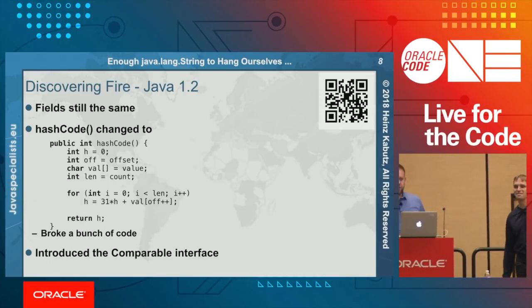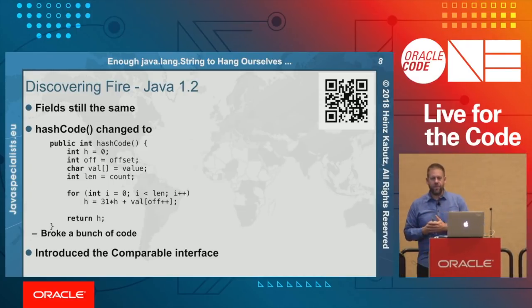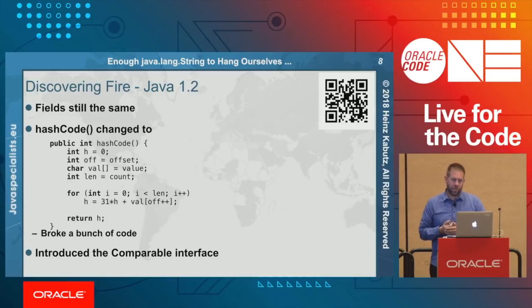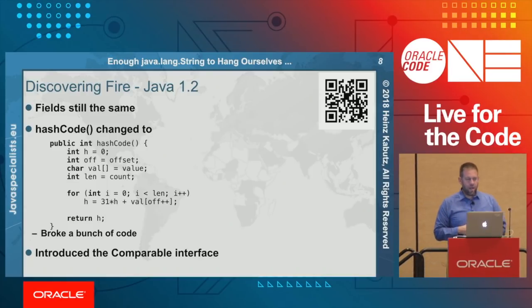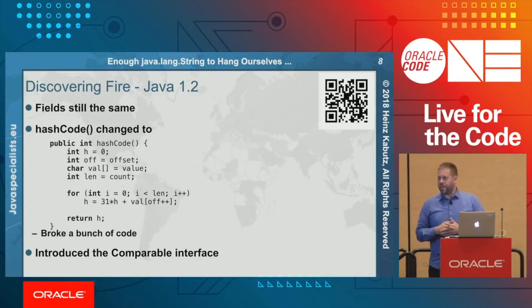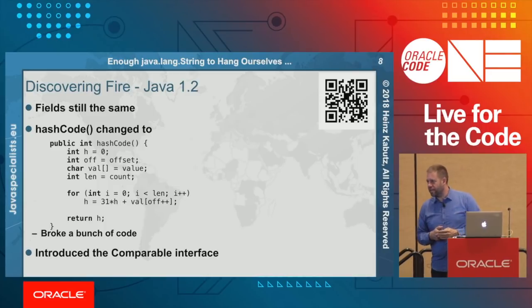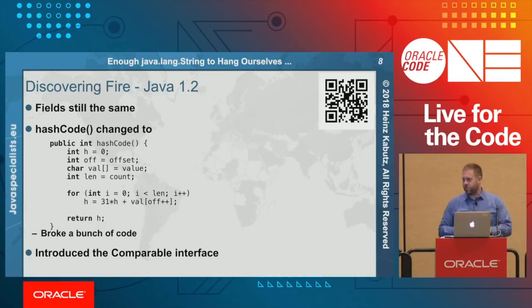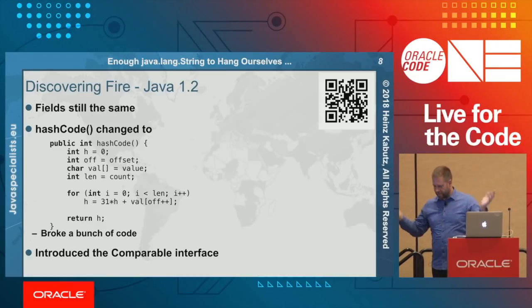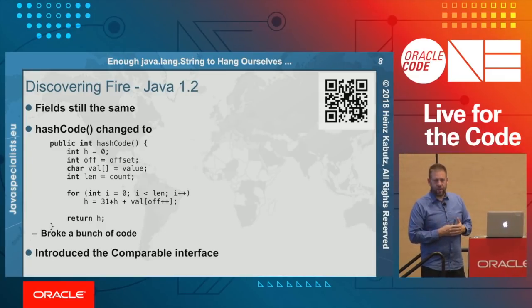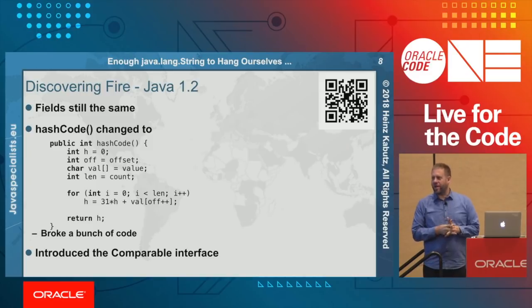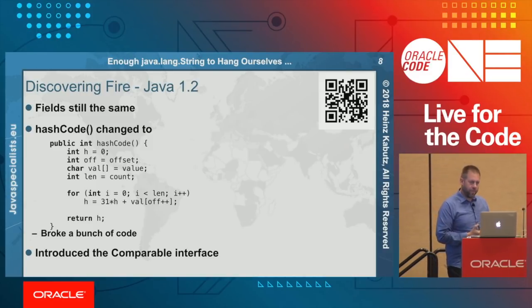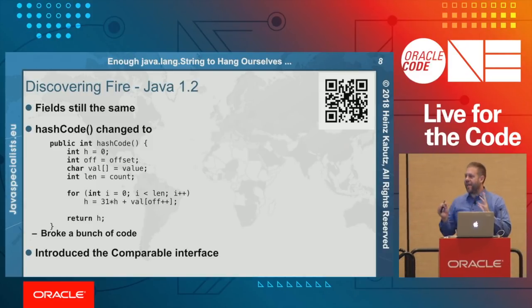And in 1.2, they kept the fields the same, but they changed hash code. And this is what hash code looked like now. And you know this thing called unit testing, right? A whole bunch of people had unit tests, and they assumed that string had certain hash codes, and all the unit tests broke. So people got very unhappy about the fact that the string hash code changed. And since then, they haven't dared change hash code.